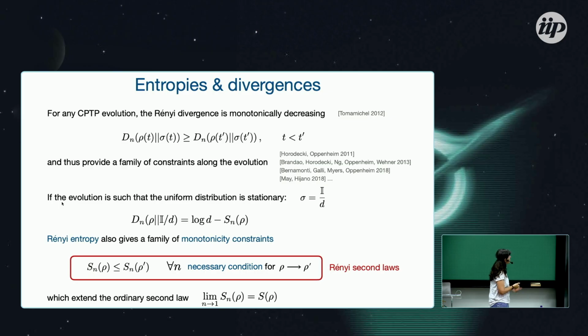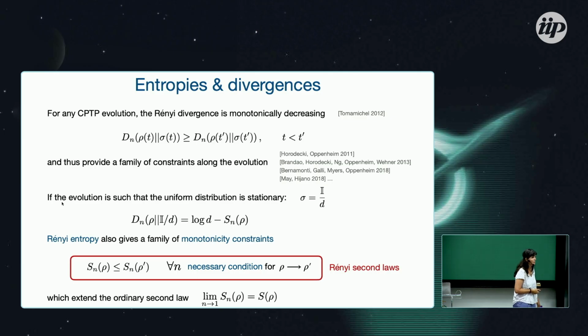But now we want to go one step further, and so we make the same argument that we had before. If we consider the maximally mixed state as reference state, again, the Rényi divergence reduces to the Rényi entropy up to an additive factor. And so if now the maximally mixed state is stationary, then the monotonicity of Rényi divergence implies the monotonicity of Rényi entropies.